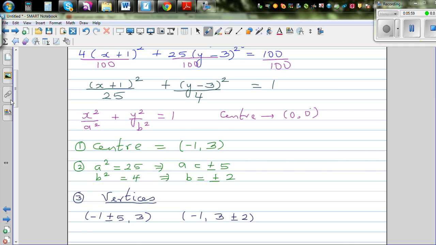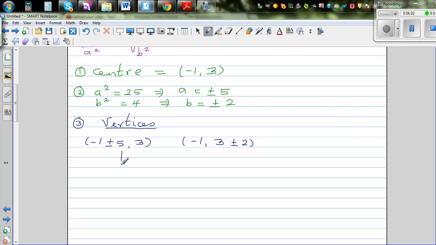So this implies the vertices: if you go minus 1 plus 5, that will give you 4 comma 3. And if you go minus 1 minus 5, that's minus 6 comma 3. So these are the 2 vertices going horizontally. From this you can write the 2 vertical vertices.